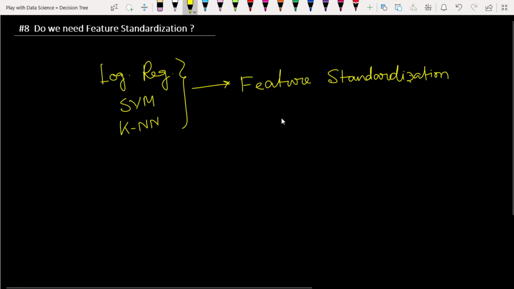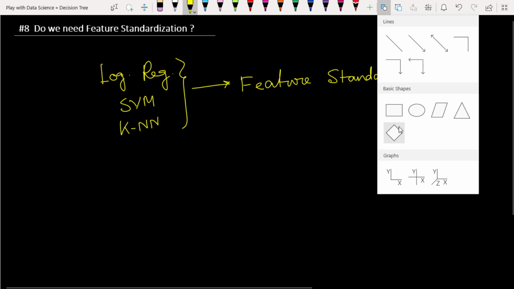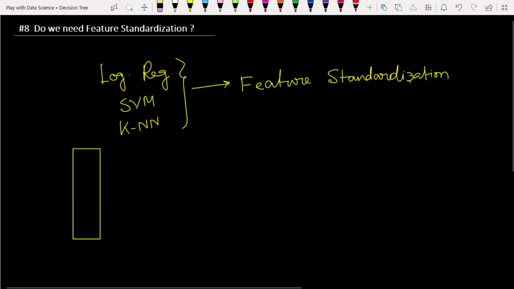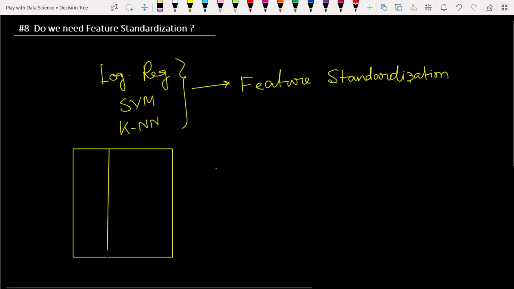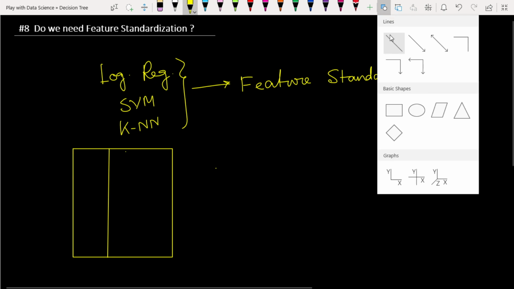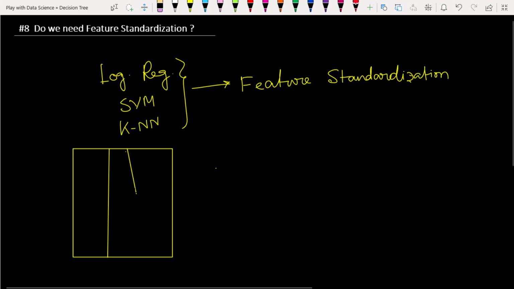Feature standardization means what? Suppose we have a data set like that, and here we have one feature. Suppose it's called fj, the feature j, and its corresponding data value.